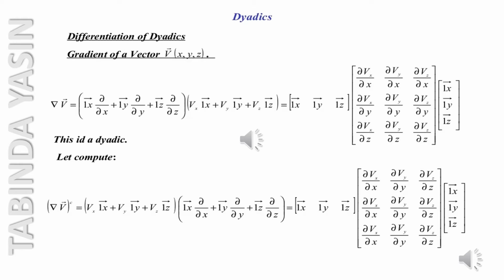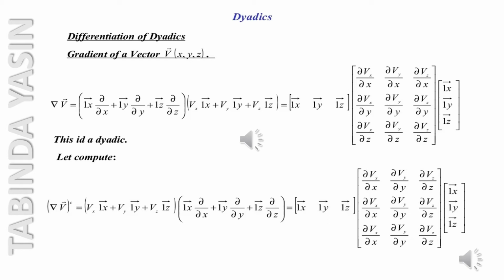Now the differentiation of dyadics. The gradient of a vector V in x, y, z, where del V is equal to 1x partial over partial x plus 1y partial over partial y plus 1z partial over partial z, applied to Vx 1x plus Vy 1y plus Vz 1z.